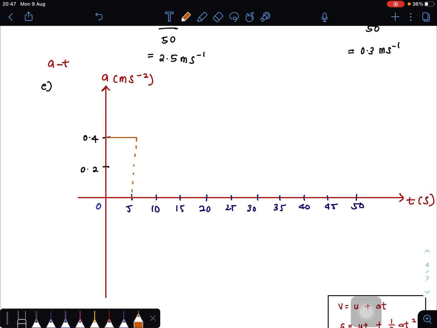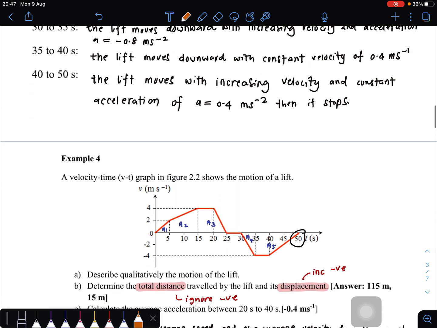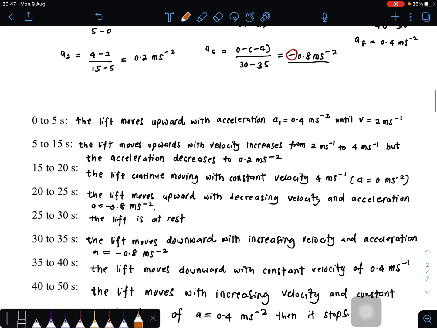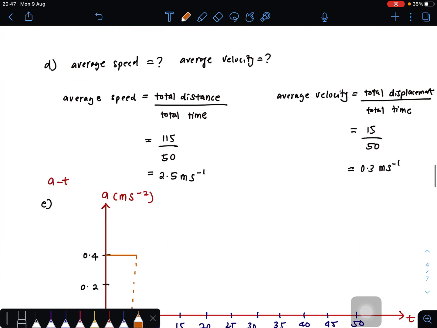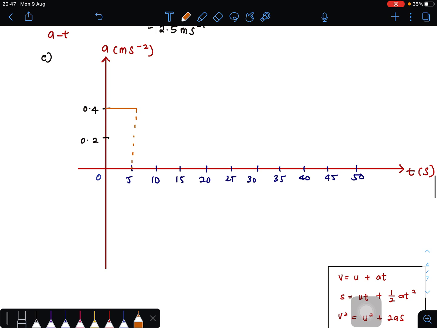Okay, next one, from 5 seconds to 15 seconds, we have acceleration 0.2 meter per second squared. So from here to 15 second, 0.2. Okay, something like that.